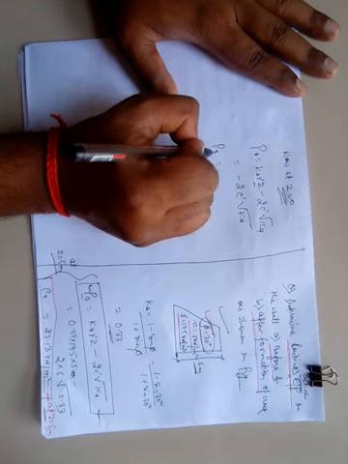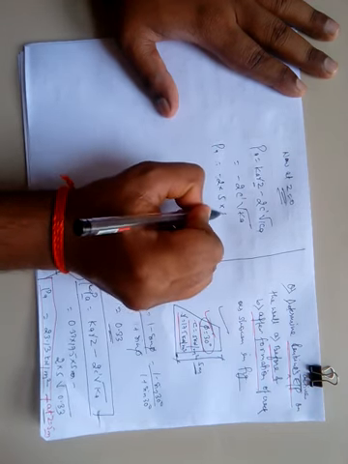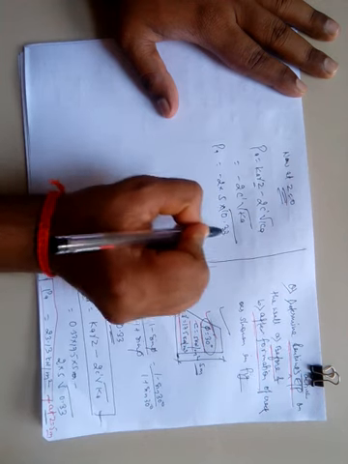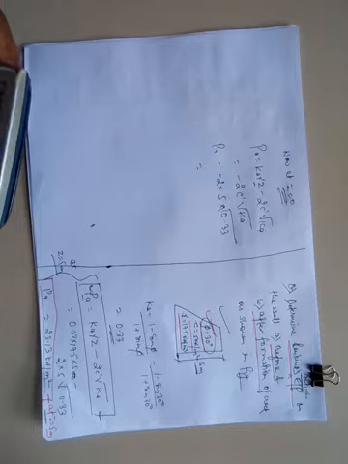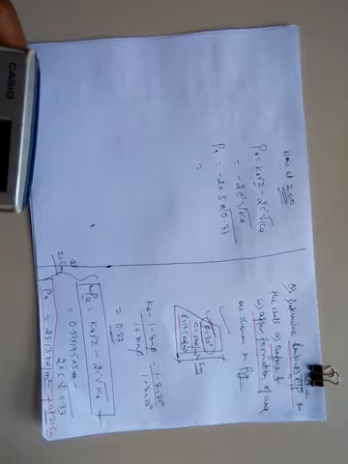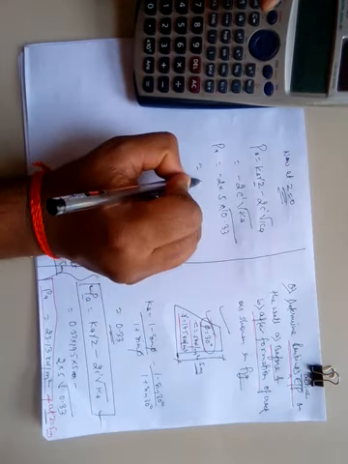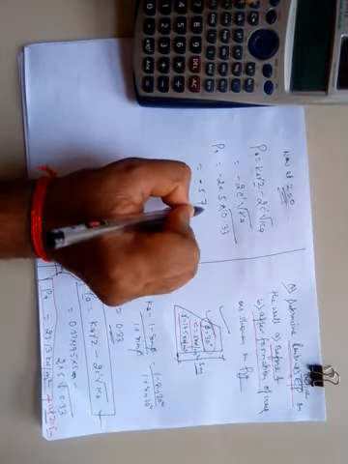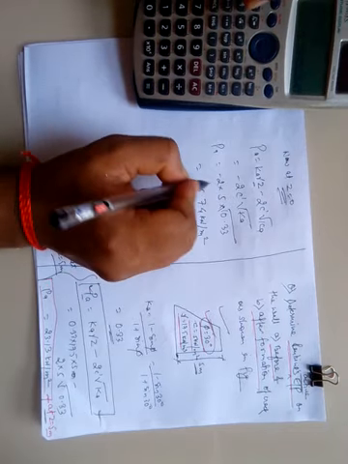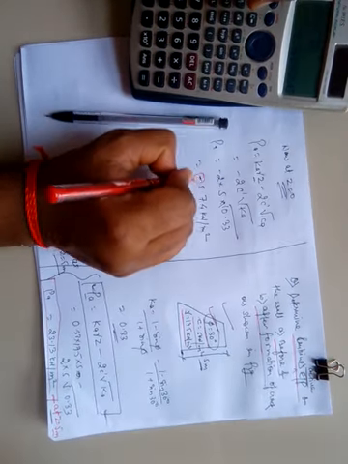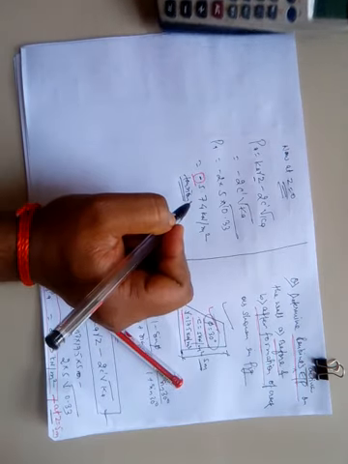So Pa is equal to minus 2 into 5 into root over 0.33, it will be minus 5.74 kilonewton per meter square. This minus sign indicates tension.